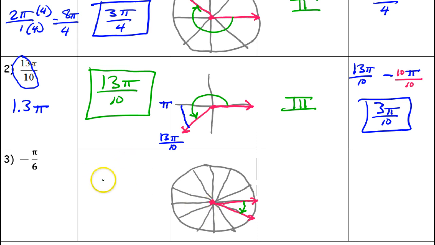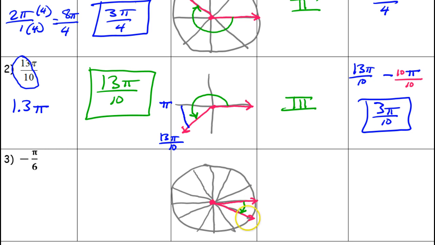Now, I'm supposed to say a coterminal angle, and imagine that I went the positive way around instead of going negative. If I went the other way around. Now, if I go halfway around, that's 6 pi over 6. If I went all the way around, that's 12 pi over 6.